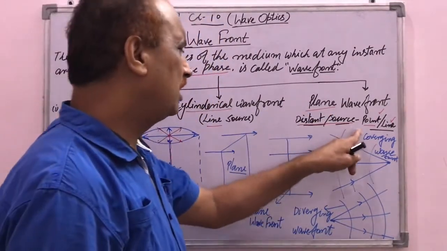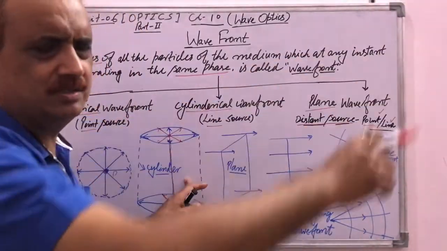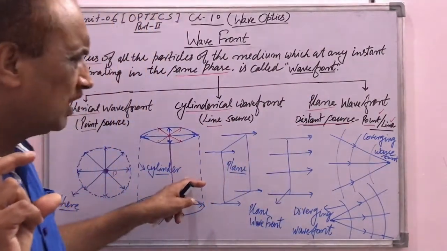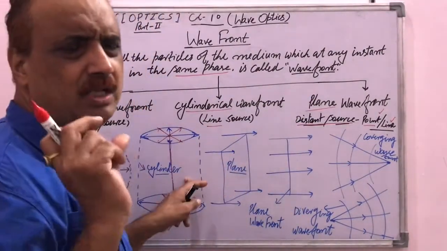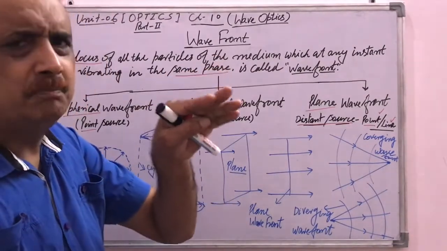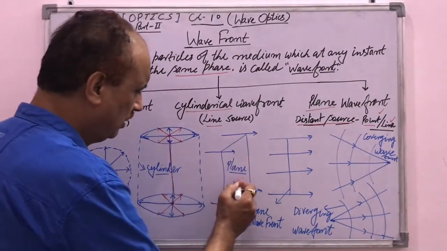Means a spherical wavefront or a cylindrical wavefront, at a long distance, when we take a small part of it, the small part appears to be a plane wavefront. It should be a plane surface. So we can show it here like this.